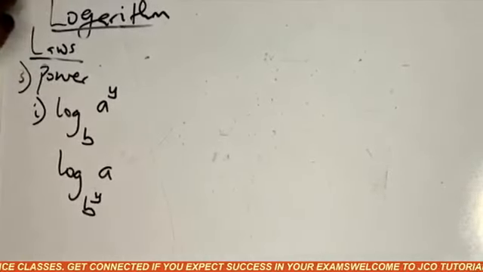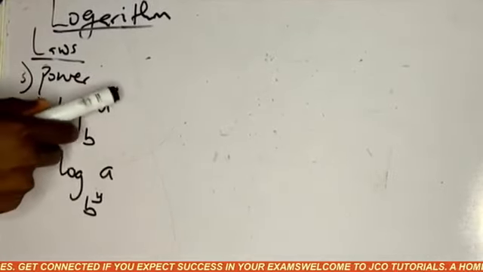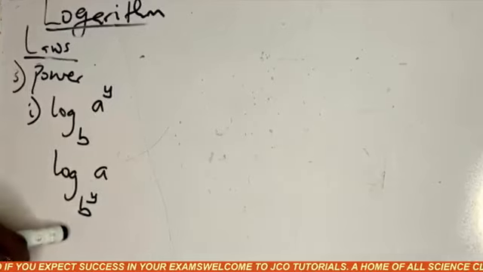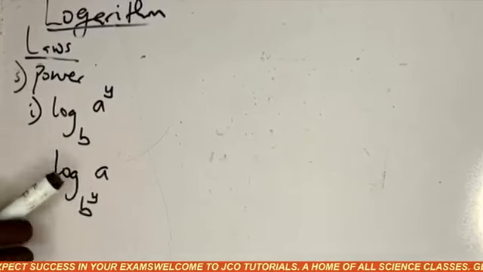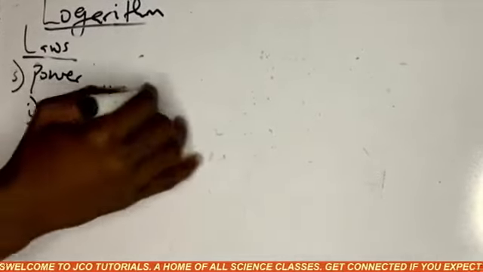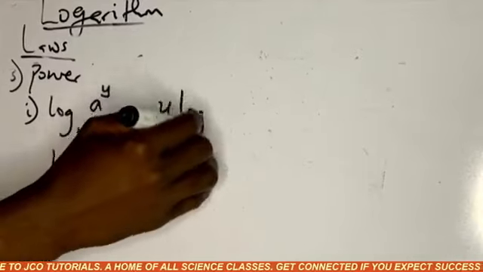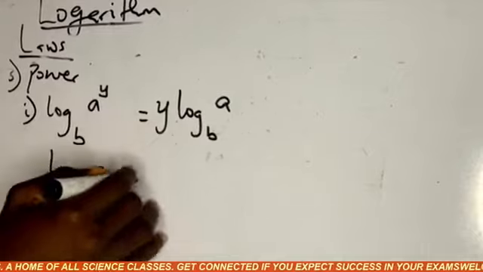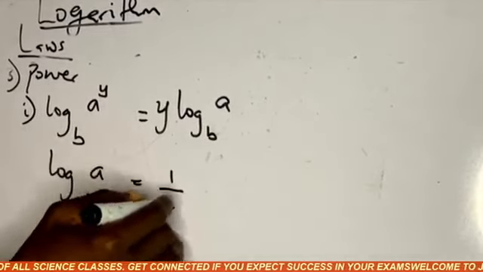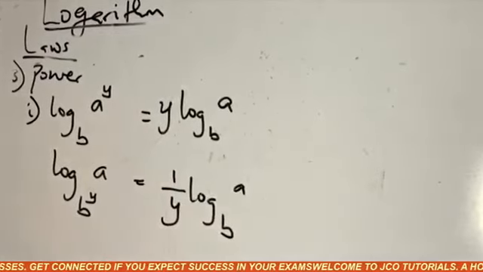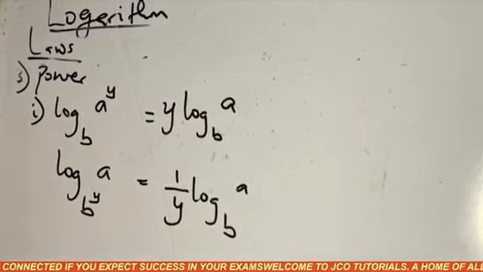So this is log a raised to power y base b, and this is log a base b raised to power y. Then the power will go to the back. But here's the difference. When this power goes to the back, it becomes a numerator, y log a base b. But when this power goes to the back, it becomes a denominator, 1 over y log a base b. So note the unique difference.